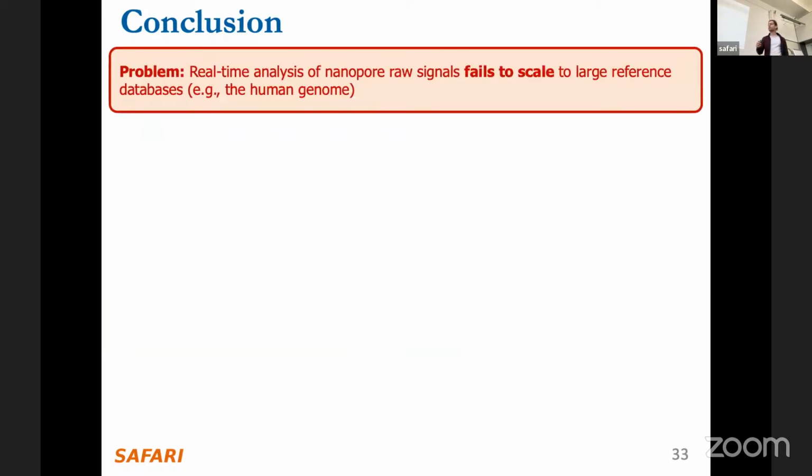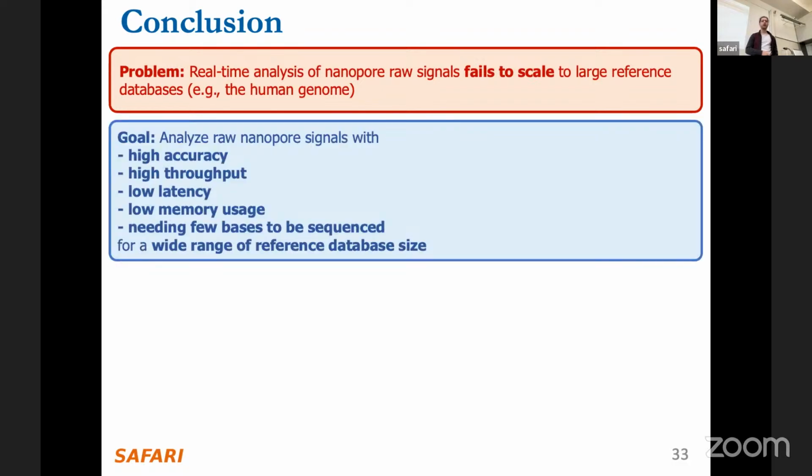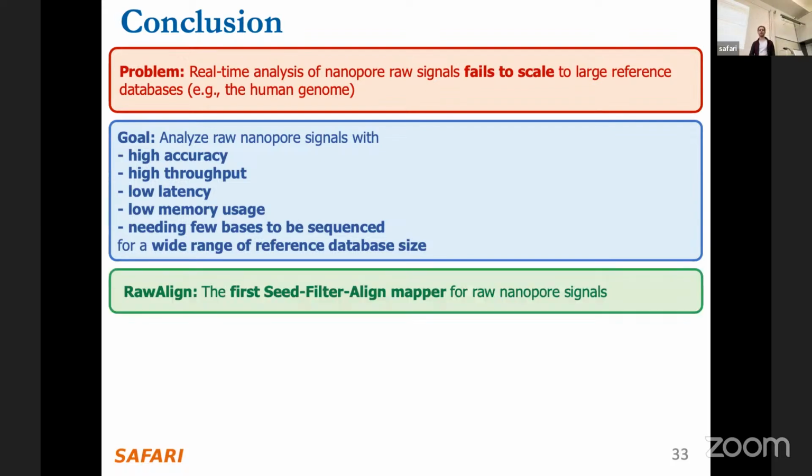So we saw that prior tools kind of fail to scale to large reference databases in one metric or another, not necessarily performance, sometimes also in accuracy. Our goal was to satisfy all of our key metrics for a wide range of reference database sizes.